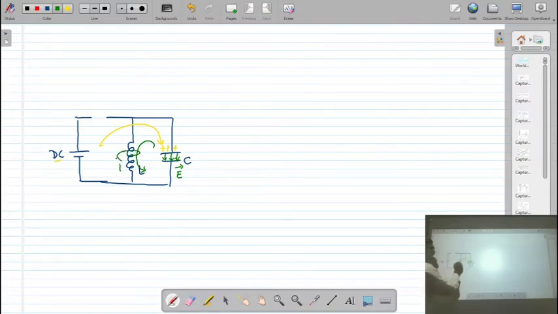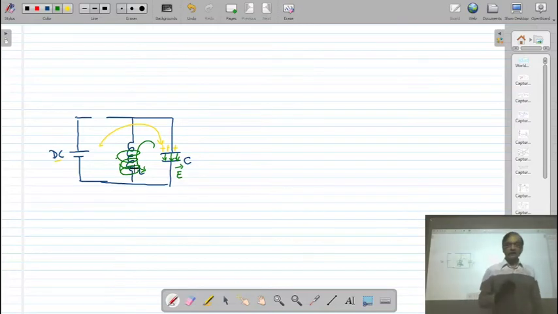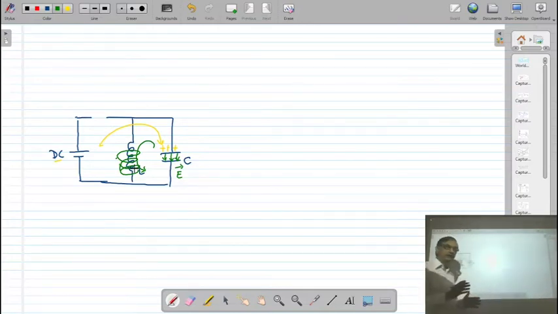Due to this current, a magnetic field is going to be produced, and due to this magnetic field the energy is now saved in the form of a magnetic field. And how the capacitor is charging and discharging with time t, let us see what is happening here.